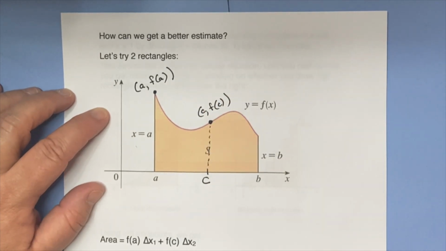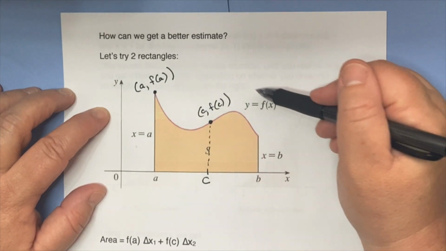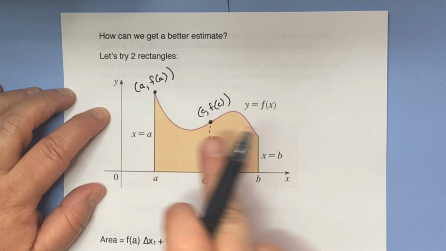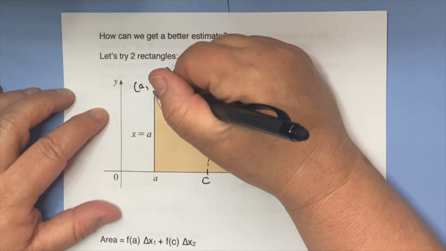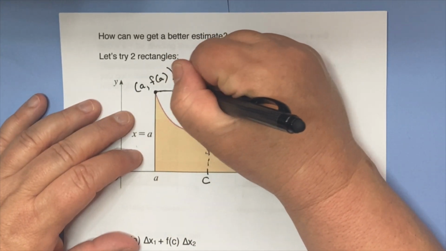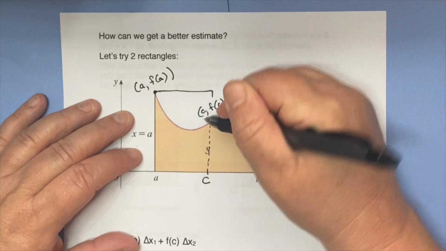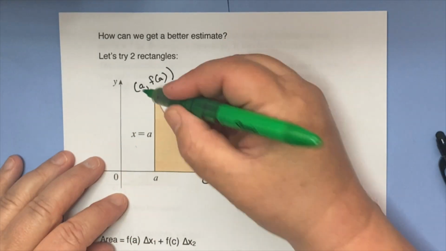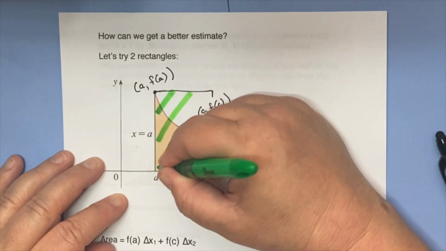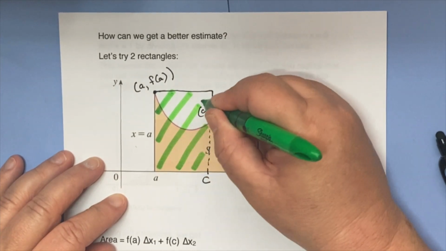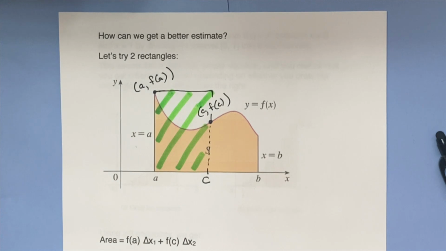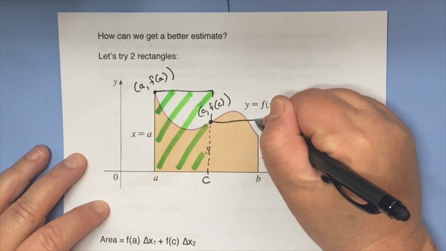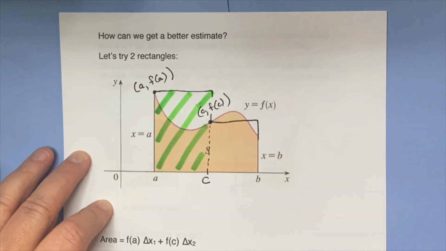And so instead of just going across with one big rectangle, what if I broke it down into 2 different parts? So I did this rectangle here. So I did this area. I'll mark this in green. I'll do that area. And then I'm going to do another rectangle. Wow, I should be using a ruler.